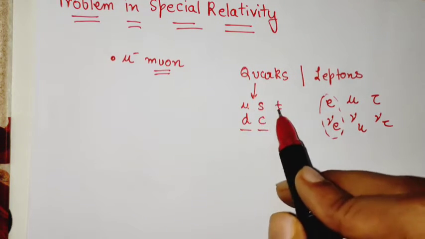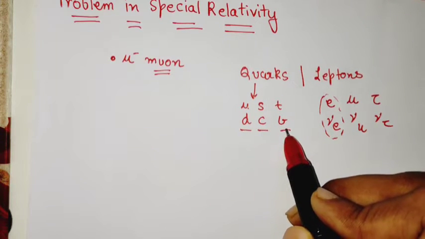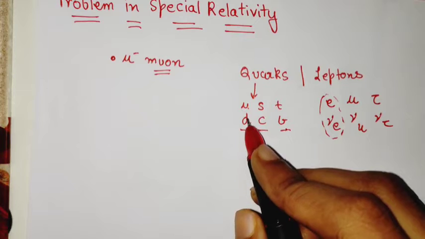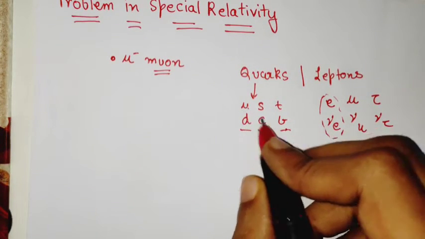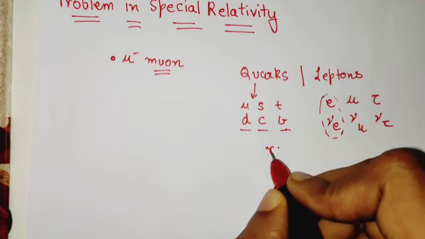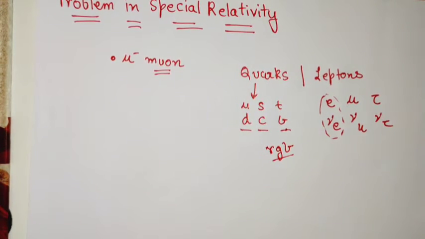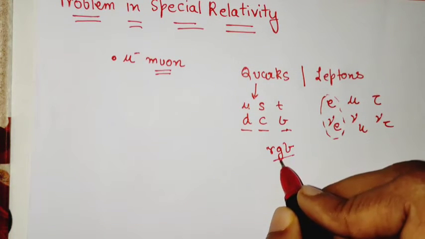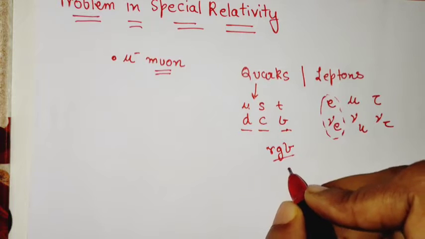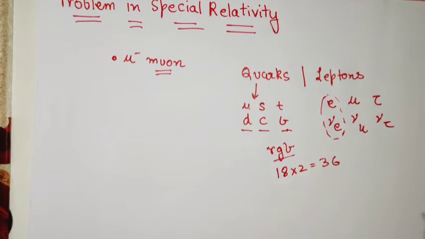We have 6 quarks, 2 belonging to each generation, and each quark will have different colors: R, G, B, red, green, and blue. So there are 18 quarks and each of them will have an antiparticle. So it is 18 times 2, that is 36.